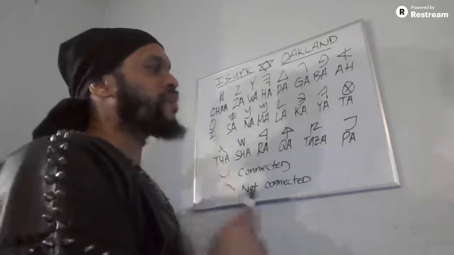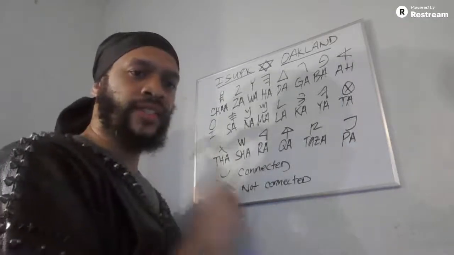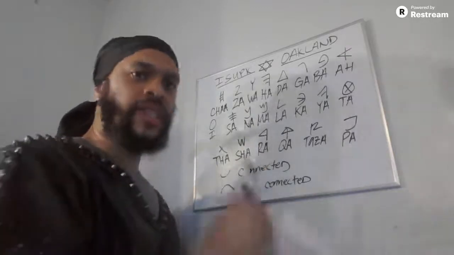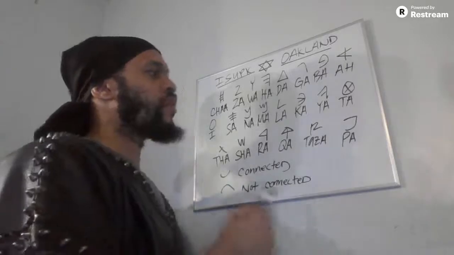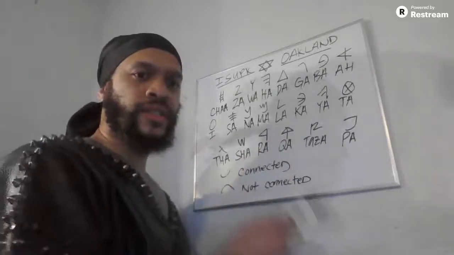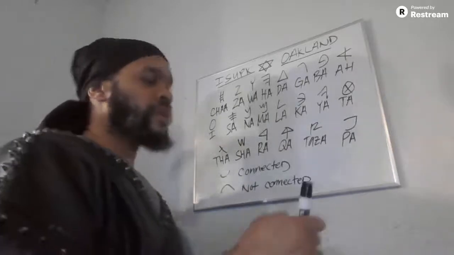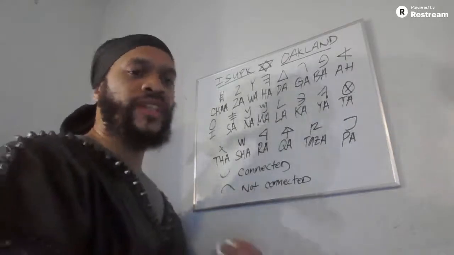And then the last thing you need to know is what it looks like in Assyrian, so that you can translate it from the Assyrian to the ancient, or even from the Assyrian to the English.